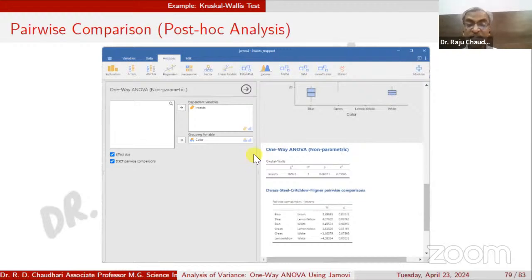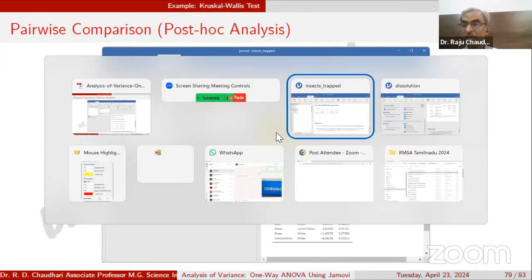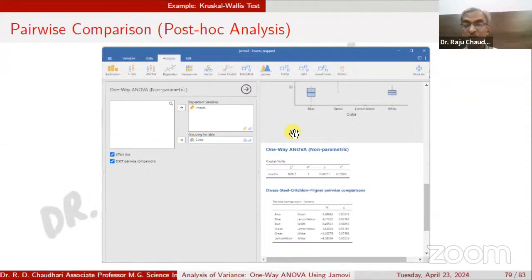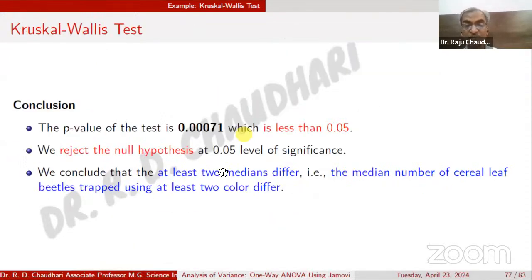And then, if you look at the output, the p-value, the null is rejected. So here also we need to apply the pairwise comparison, because null is rejected, that means there is a difference. At least two medians differ significantly out of four. I want to know which particular two colors differ significantly with respect to the median number of insects trapped.